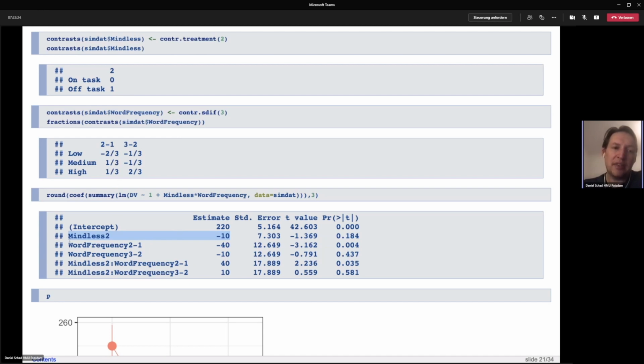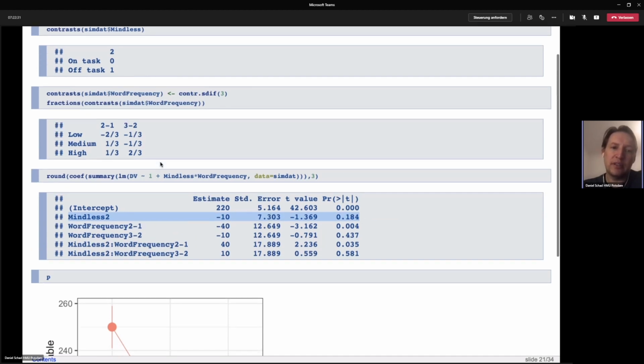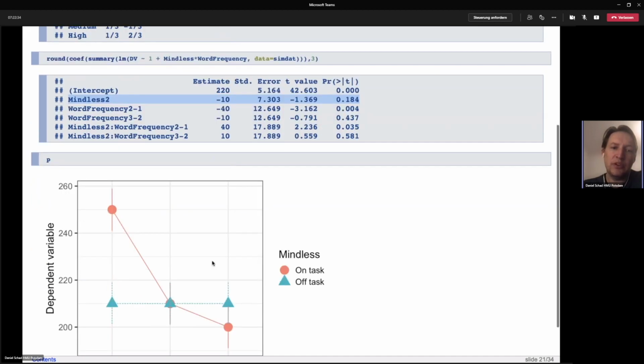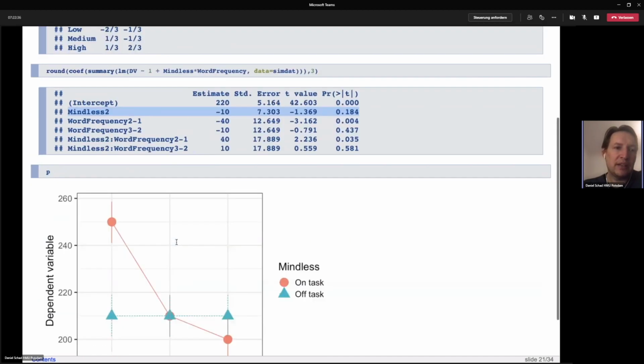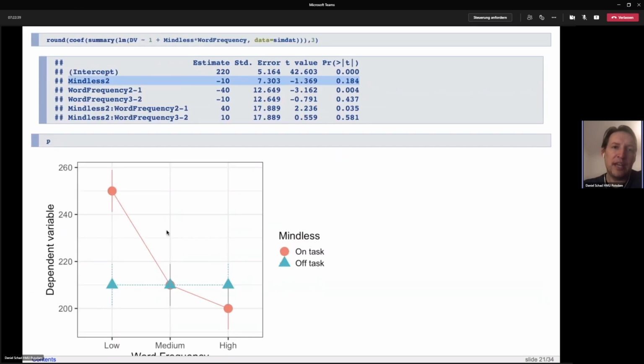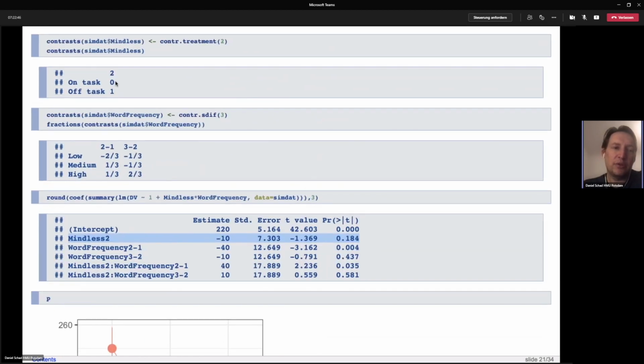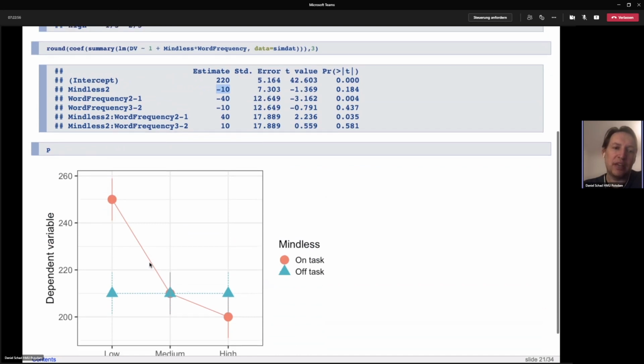So that tells us that the effect of mindless is the average effect of mindless reading across all word frequency levels. Okay. So overall, when we are off task, we are 10 milliseconds faster than when we are on task. So when we go from on task is 0 to 1 off task, we have to go down to minus 10 milliseconds on the scale. So red is 10 milliseconds higher than green on average.